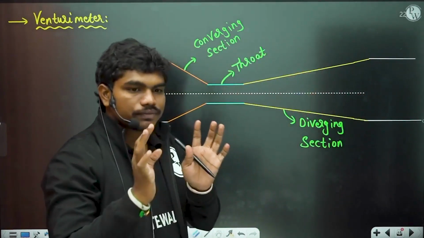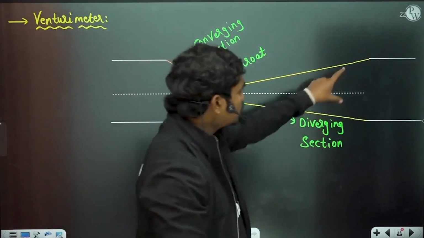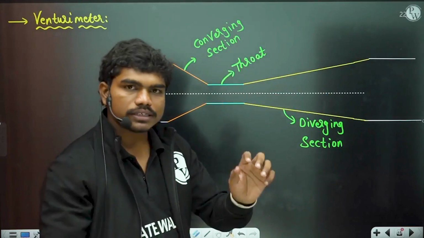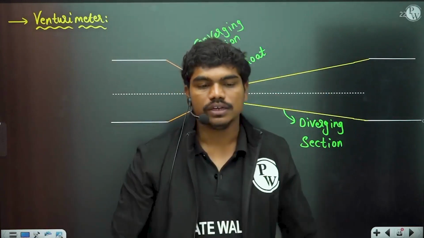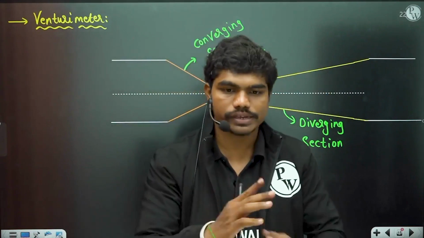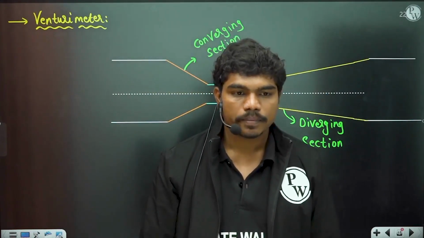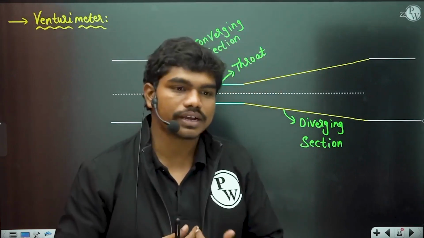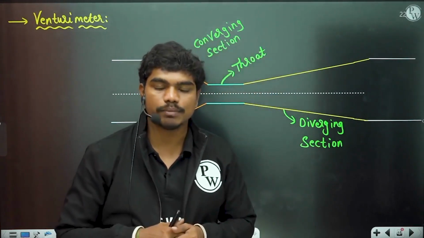Whenever you are fixing it in between a pipeline, this diameter here and this diameter here are both the same. So you can fit it in any way. Can you fit a Venturi meter in both the ways? Is there any problem?